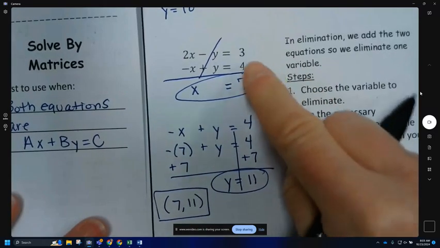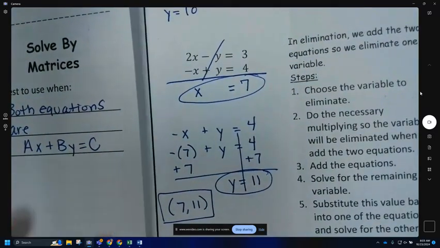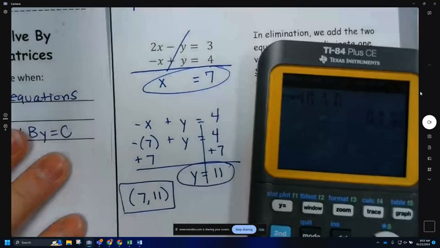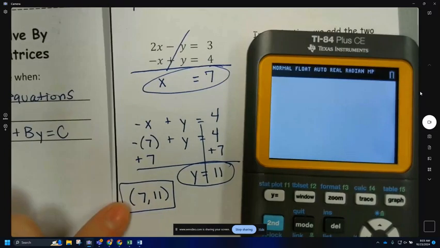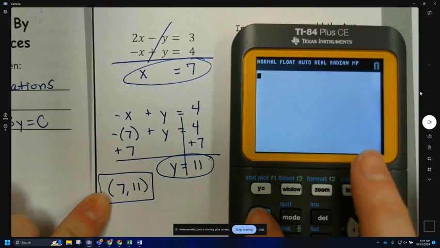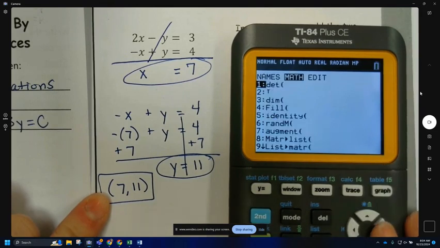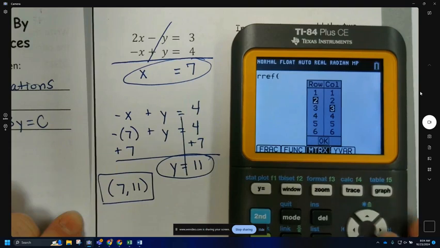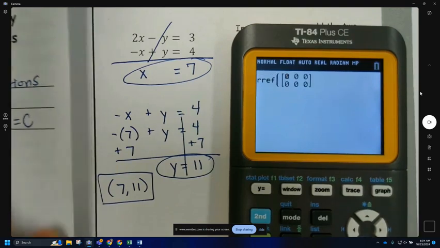Okay, if this doesn't work and you're not able to cancel out, you might have to do something to make it equivalent so you can cancel it out. But guess what always works? Matrices. So we are going to use matrices to prove that this is true and that you can do either elimination or matrices. We're going to follow the steps: second matrix, over to math, REF, alpha zoom, make sure it's a 2 by 3, put in your coefficients.